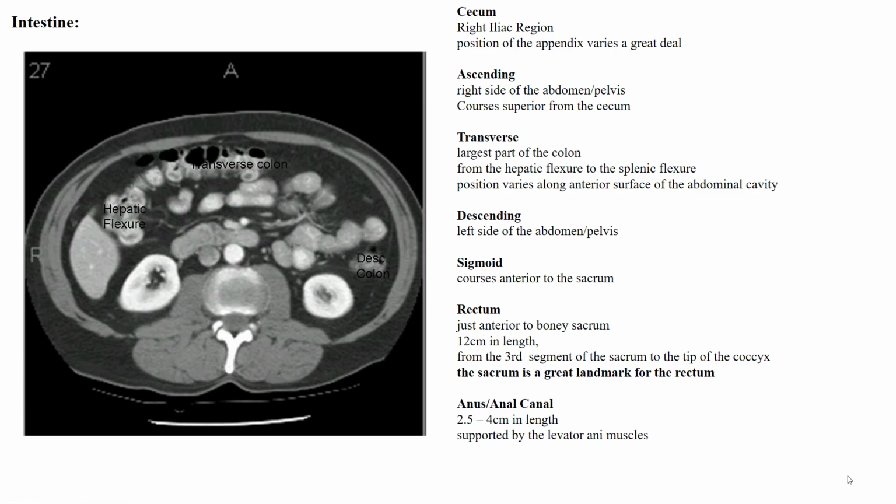I'm going to be bouncing back and forth between the next two slides a little bit as we talk about the colon. We've covered most of this when we covered the upper abdomen, but I just want to review it a little bit. We start with the cecum, and the ileum of the small intestine attaches to the cecum of the large intestine, and just off of that is the appendix, and that's where you can get appendicitis.